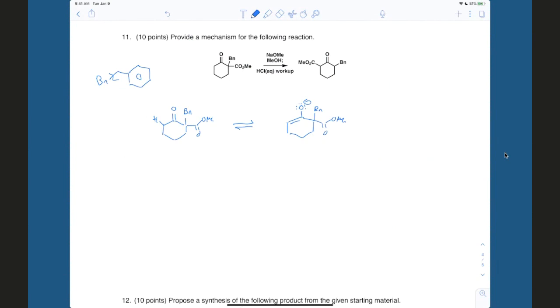Are there any other things that sodium ethoxide could do? Or what would you want to do with this enolate? Or do you think this is going to be a non-productive pathway?